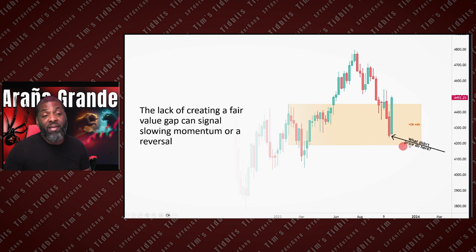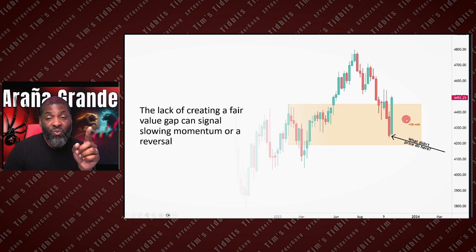And then what did price not do? What didn't price do here? Price did not create another fair value gap to the downside. The lack of creating a fair value gap can signal a slowing momentum or a reversal.